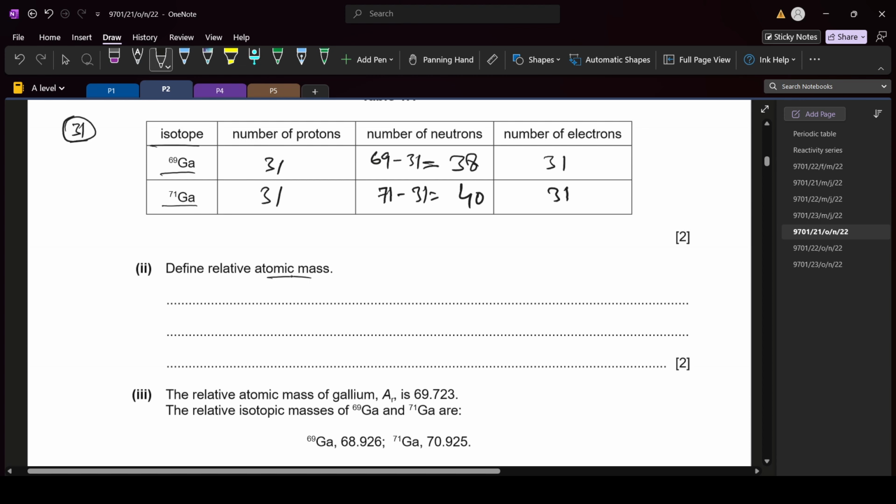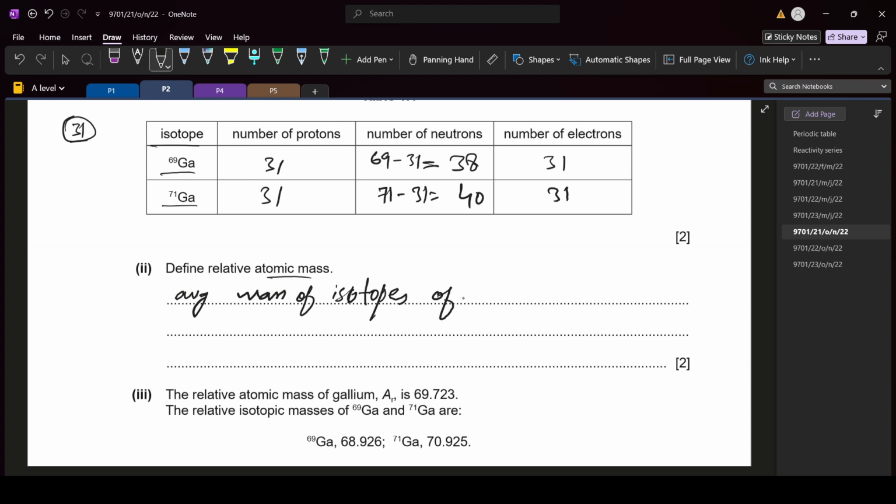Define relative atomic mass. Relative atomic mass is the average mass of the isotopes of an atom compared to the 1/12th mass of a carbon-12 atom, or you can say the unified atomic mass unit.